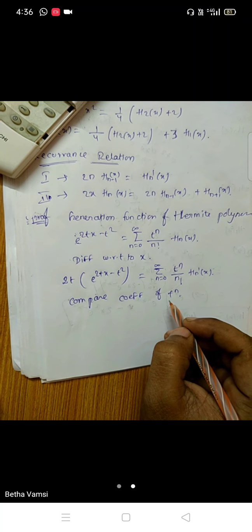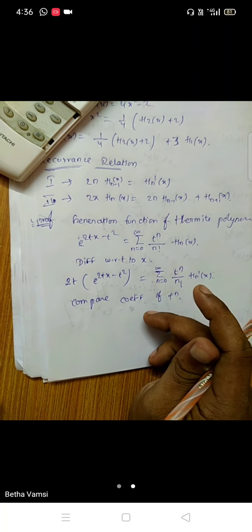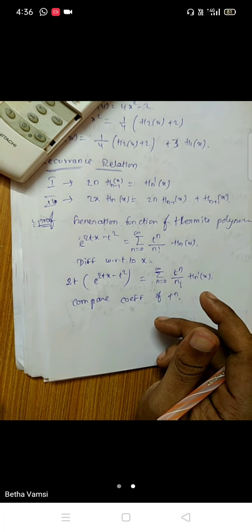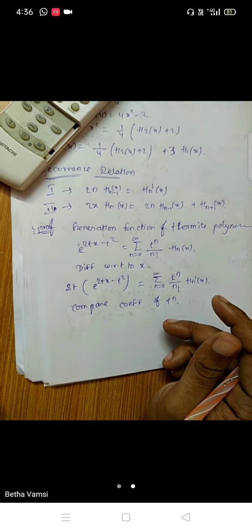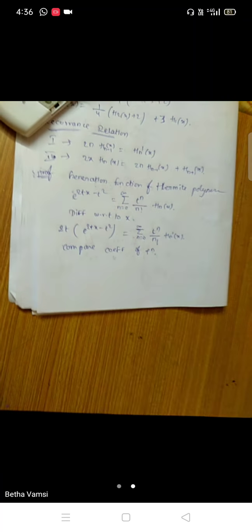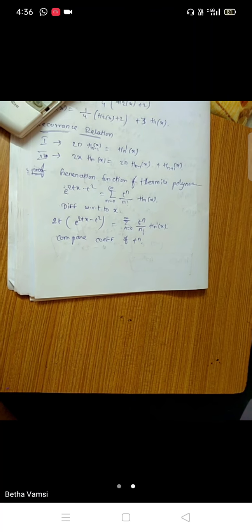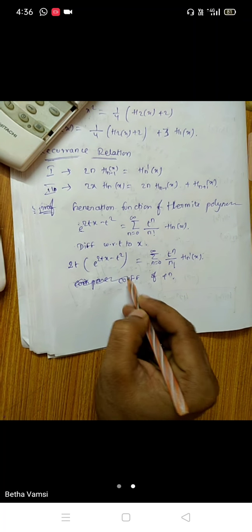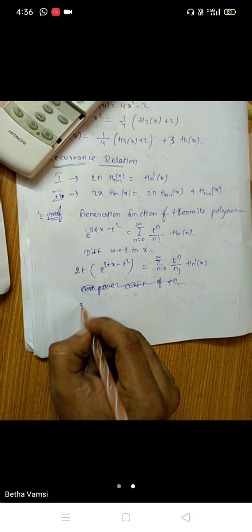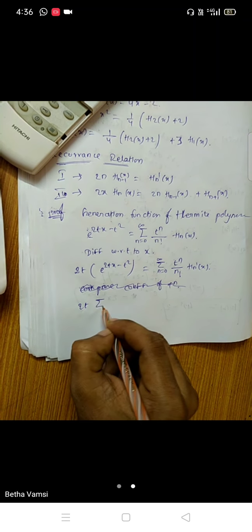Okay. So compare the coefficients of t power n. Sorry, I forgot to write one thing. So 2t times of summation.